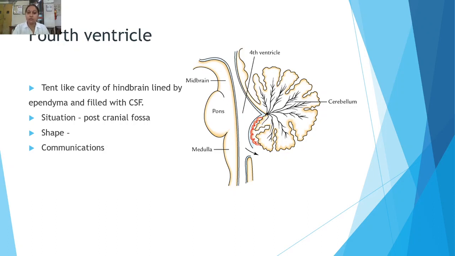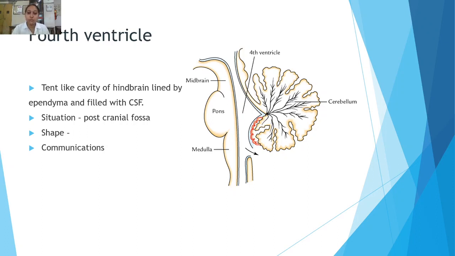The second and most important thing is that in the roof of the fourth ventricle, we have three foramina. One in the midline, the foramen of Magendie, and two on the lateral side, the foramina of Luschka. Internally, in the core of the brain, we have the ventricular system for CSF circulation. On the surface of the brain, we have the subarachnoid space for CSF circulation.